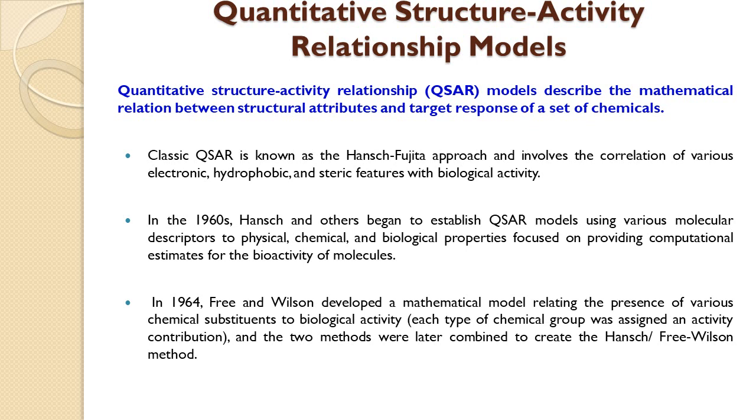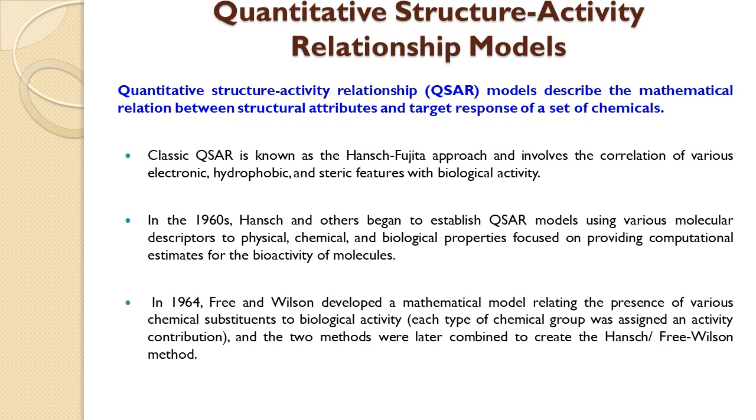In the 1960s, Hansch and others began to establish QSAR models using various molecular descriptors of physical, chemical and biological properties, focused on providing computational estimates for the bioactivity of molecules.